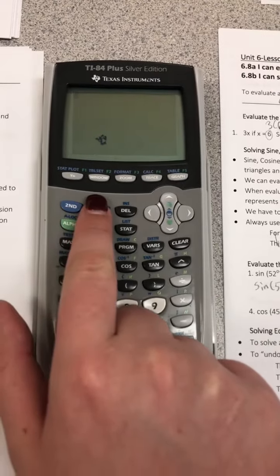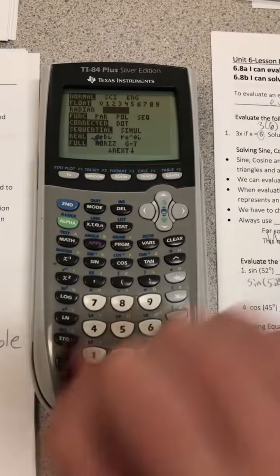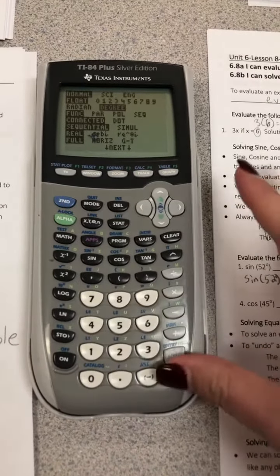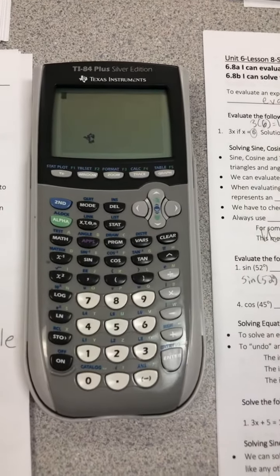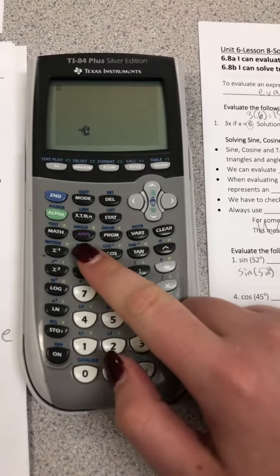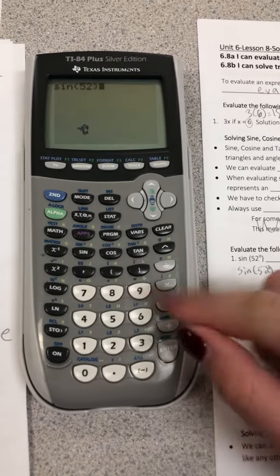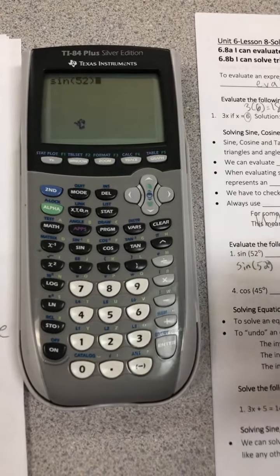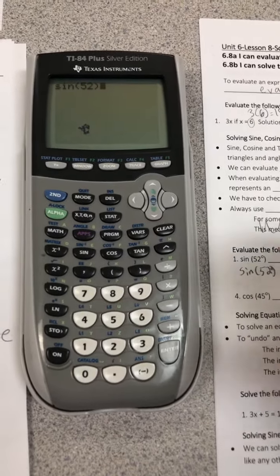We're going to go to mode and make sure that we have degree highlighted. If not, you have to push enter, and then go back to your original screen. We're going to type in sine of 52, and we don't have to put the degree sign because the calculator now knows that we are using degrees.